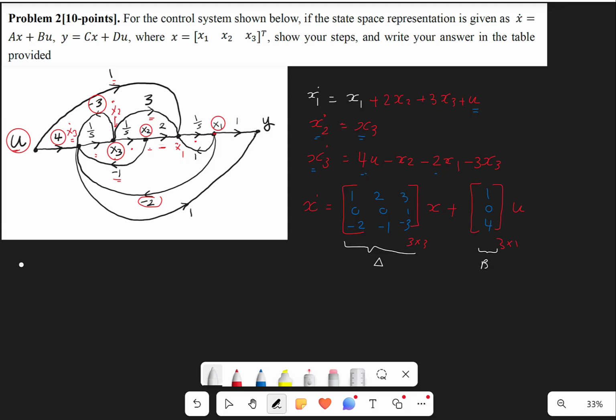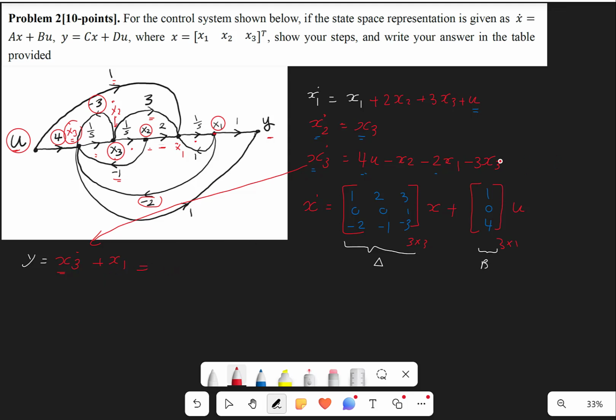Now for the output equation, y equals what? If you look here, y is equal to x3 dot plus x1. We need to write the output in terms of the input and the state, so we will substitute x3 dot here.